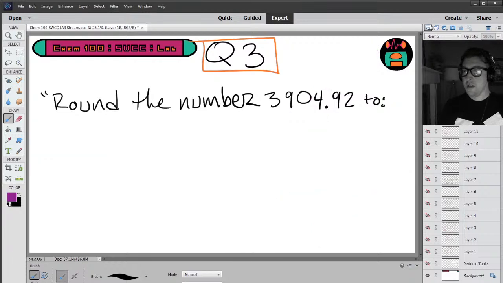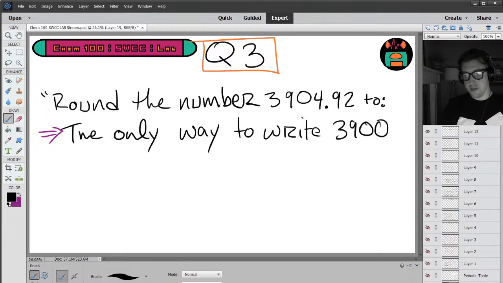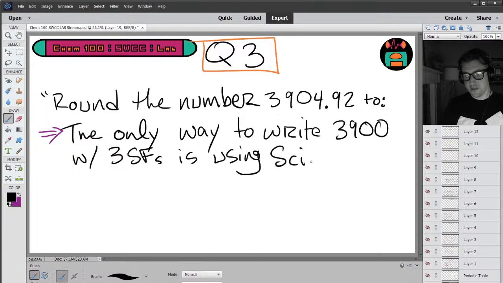All right? The only way to write 3,900, which naturally has 2 sig figs, with 3 significant figures, is using scientific notation.